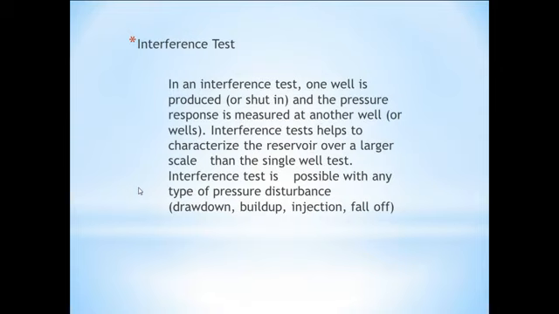Therefore, the bulk reservoir properties are easily found out by using interference testing rather than single well tests. And an interference test is possible with any type of pressure disturbance that we can create, either in the manner of drawdown, build-up, injection, or fall off.